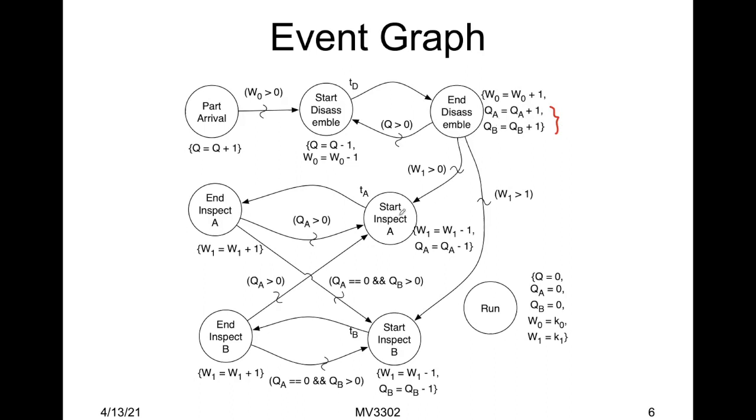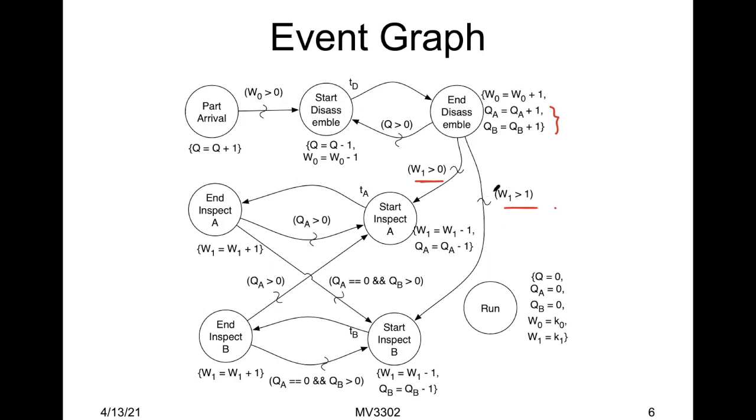So here is where we have to implement that rule. When that happens, if there's at least one inspection worker available, we can start inspecting A. And if there are at least two available, then we can also start inspecting B. In other words, if there's only one inspector available, then we start inspecting A, and then this fails, and we have to wait until sometime later.